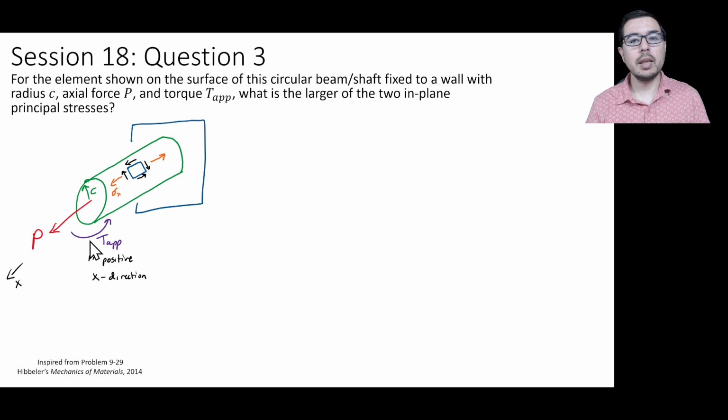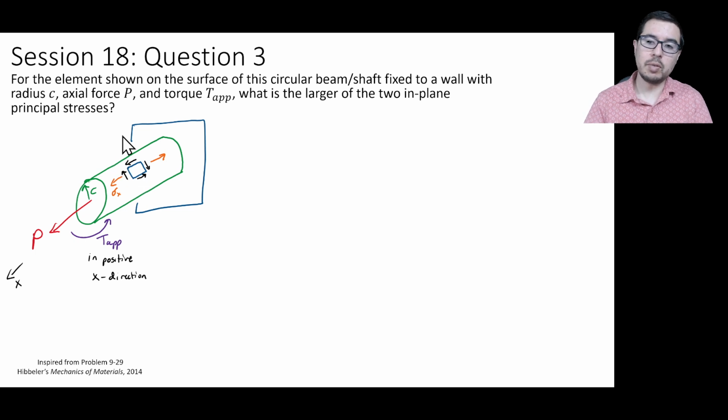One way to think about what's happening with an applied torque that's twisting a shaft is to think of the deformation. This T_ap is going to be acting in this direction, and it would essentially be deforming the element like this, so that this element will end up being a little bit higher up.